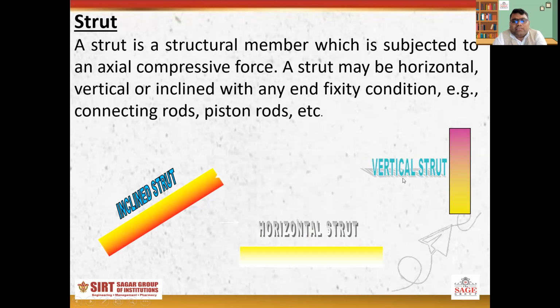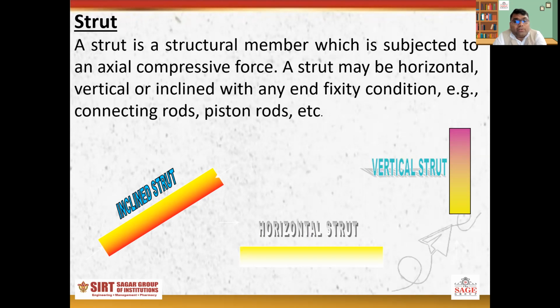And the next thing is the strut. A strut is a structural member which is subjected to axial compressive force. A strut may be horizontal, vertical, or inclined with any end fixity condition.